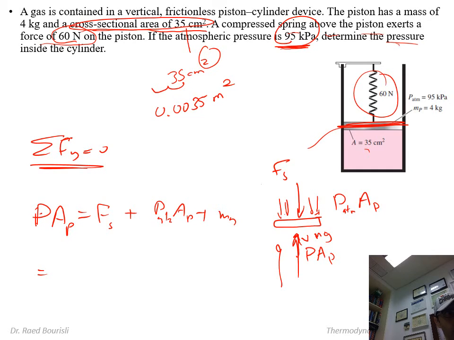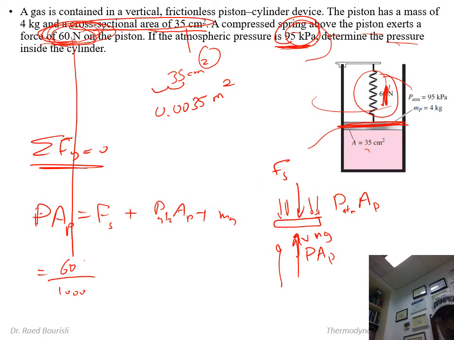This spring force, I've been given 60 Newton. Usually I'll give you a displacement in chapter 2 or 3 or whatever, and you calculate the force from that displacement. In this case I'm having 60 Newton, and if you are dealing with kilonewton and kilopascal, it's better to transfer this into 60 kilonewton, so I have to divide by 1000.